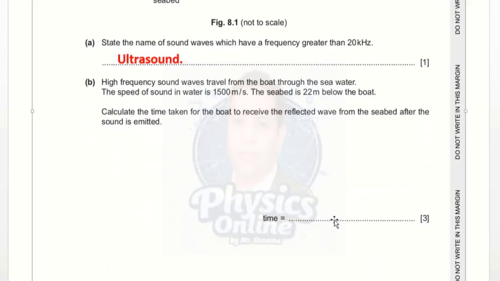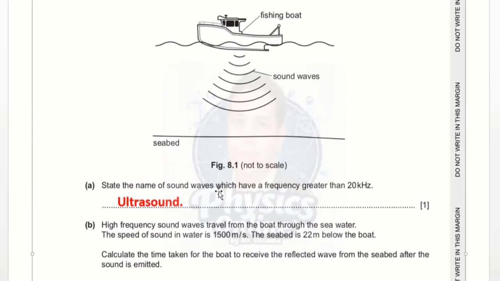High frequency sound waves travel from the boat through the seawater. The speed of sound in water is 1500 meters per second. The sea bed is 22 meters below the boat. Calculate the time taken for the boat to receive waves from the seabed after the sound is emitted. The distance here is doubled as the sound wave traveled from the boat to the bottom, then back to the boat.